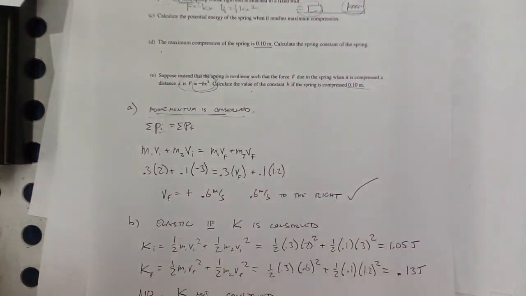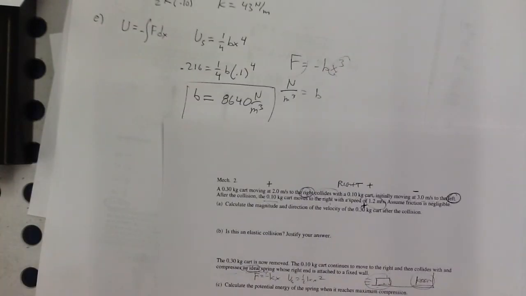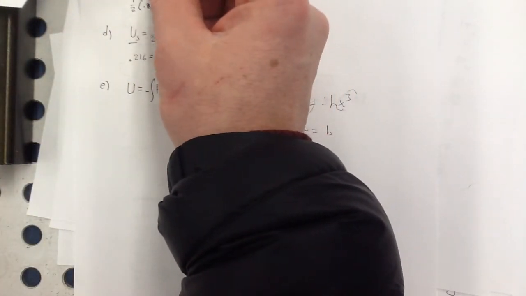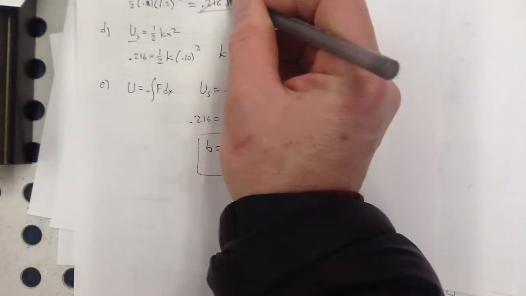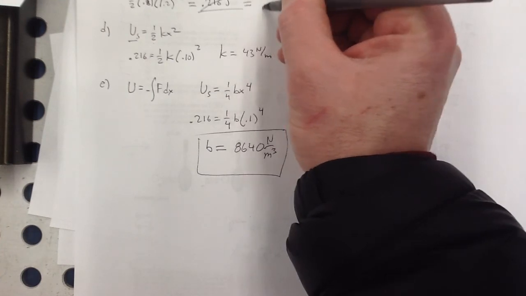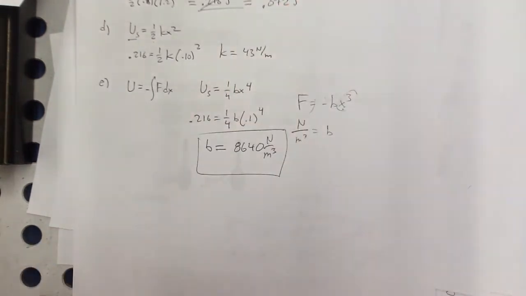What did we do wrong there? Oh, I did the mass of the wrong cart here. That's going to mess up some other things here. So that should be 0.072 joules, a third of that.